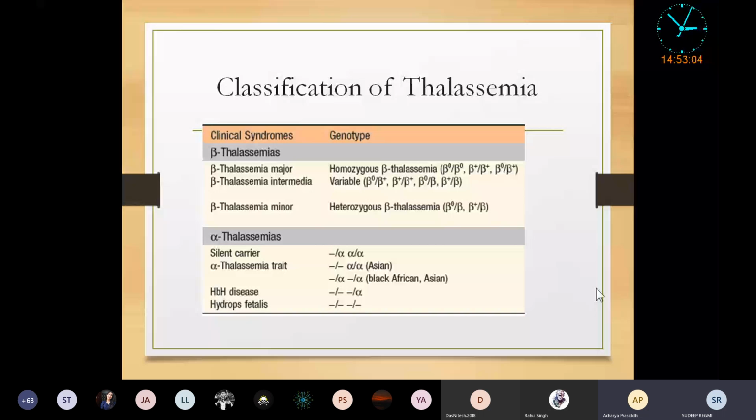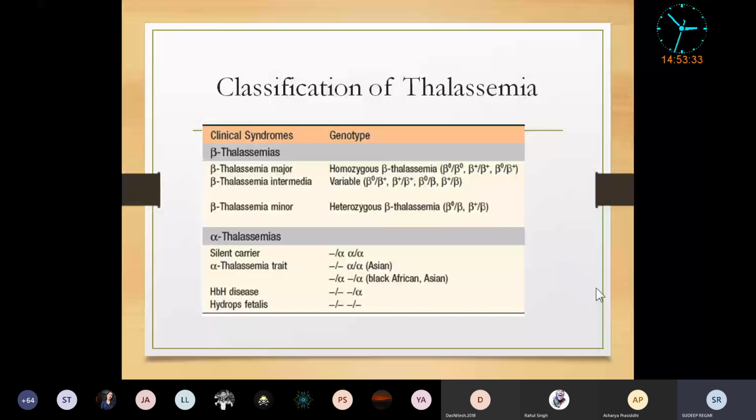Then, this is about the gene. Yes, sir. This thalassemia is related to the heme or the globin? Sir, heme. It is related to heme? No, sir, globin. Sorry. Okay.